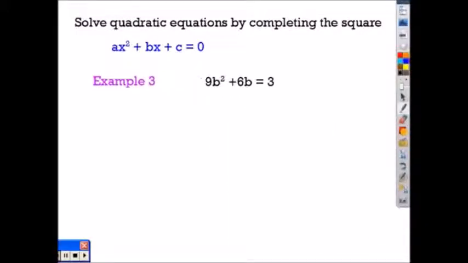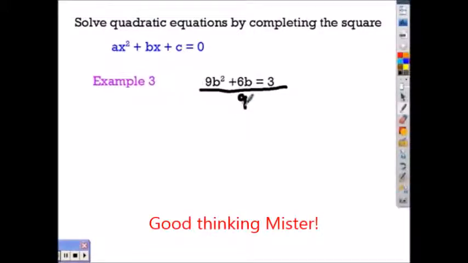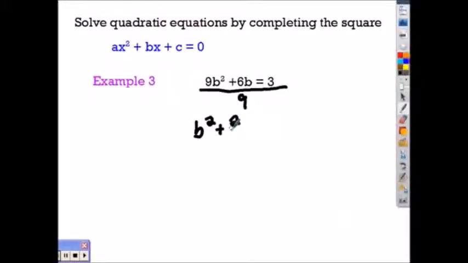Okay, next example. I need to get rid of this 9, so I'm going to divide both sides of the equation by 9. And to avoid messy decimals, I'm going to keep things as fractions. So 9b squared divided by 9 is simply b squared, plus 6 divided by 9 is 2/3, and 3 divided by 9 is 1/3. Now I'm going to prepare to complete the square.